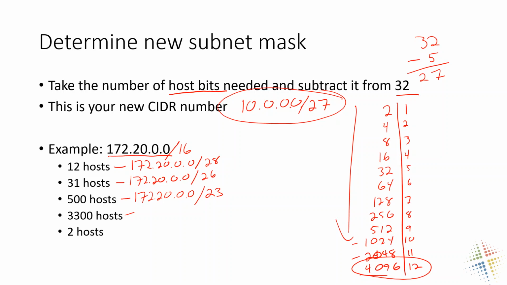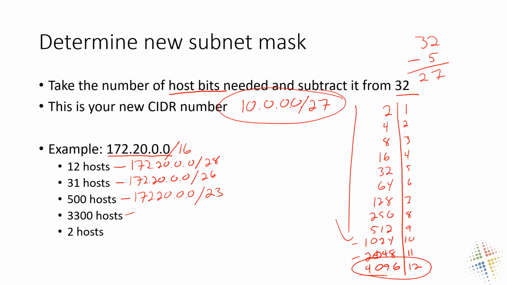Going between 2048 and 4096, there were no other options in my powers of 2, in my binary world, but I'm still wasting 700, nearly 800 host addresses by going with 4096 or 12 bits, as opposed to what I stated that I needed. And that's just the way binary works.